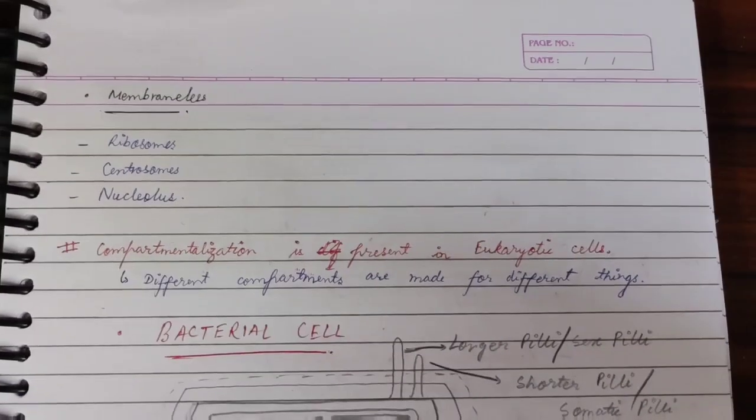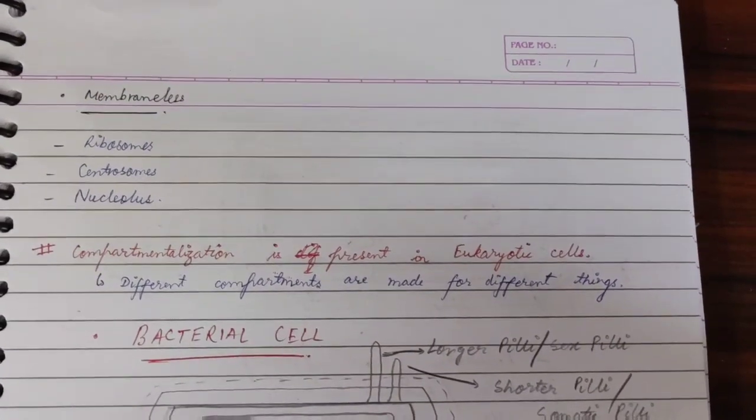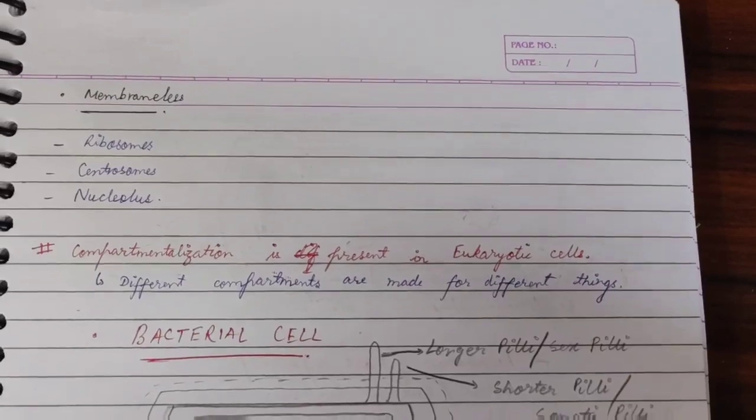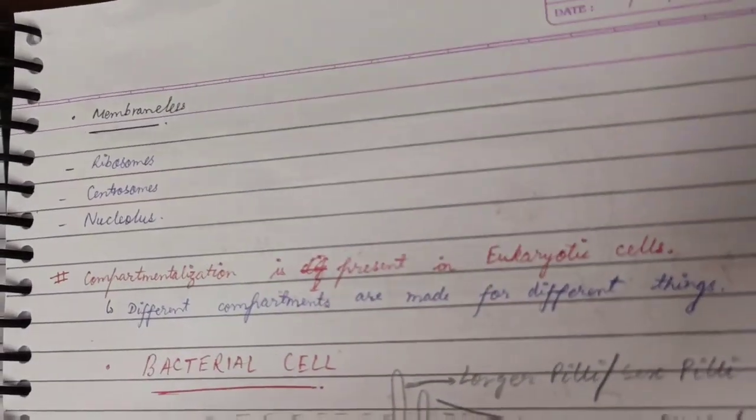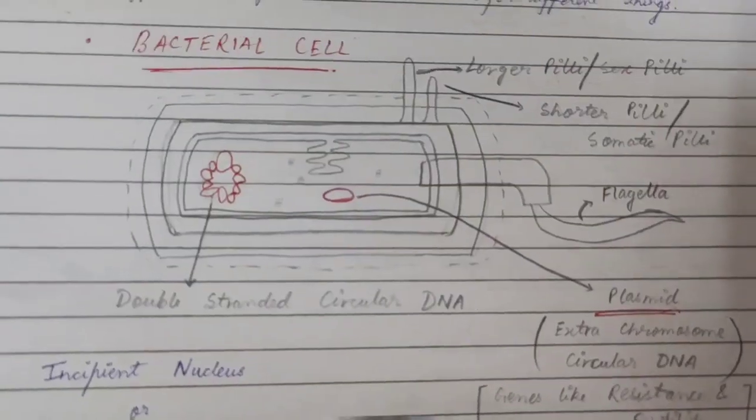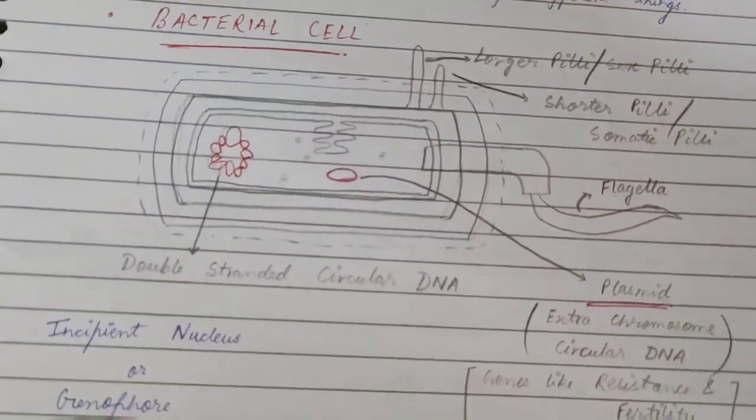One important point is that compartmentalization is present in eukaryotic cells. Compartmentalization basically means different compartments are made for different things. Then let us study the bacterial cell.